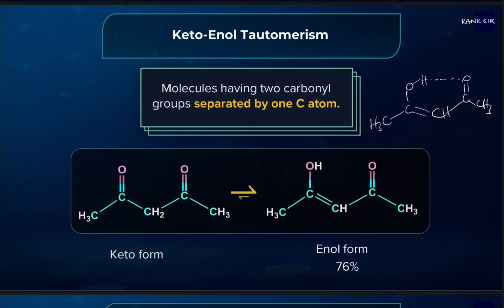In between is a hydrogen bond, because one hydrogen comes to here and this comes to here, therefore the enol form, and this enol form is stabilized. That's why it is nearly 76% and the keto is nearly 24%. This is a measure.